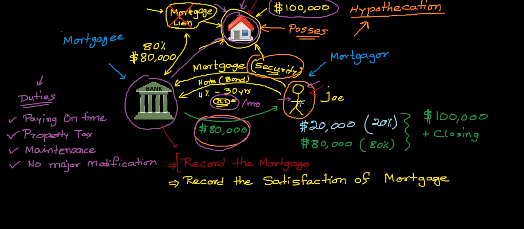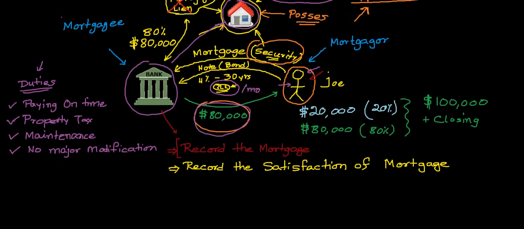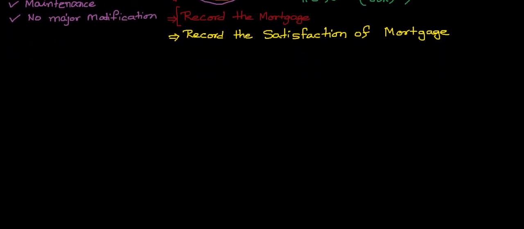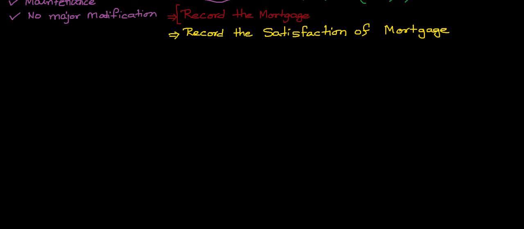Before we end this video, let me also explain what is called a trust deed. Many banks prefer another instrument called a trust deed, or a deed of trust. What happens is they want to involve a third party called a trustee, who is going to hold the title of the property.